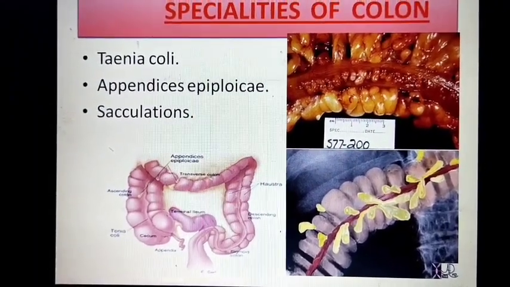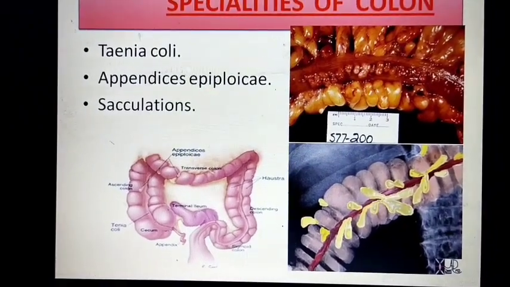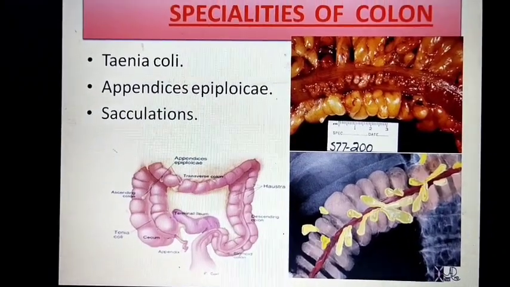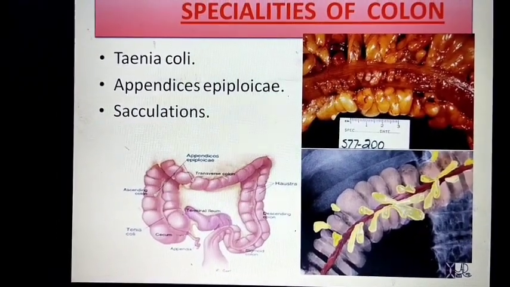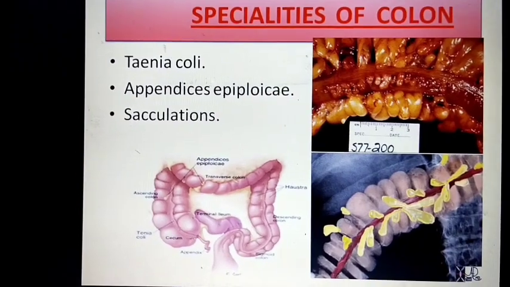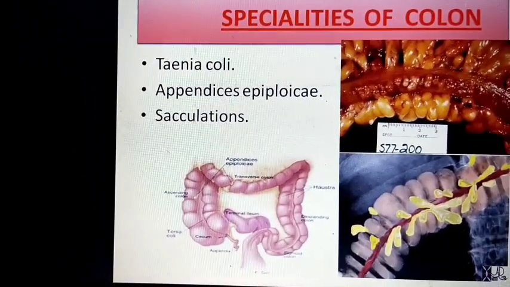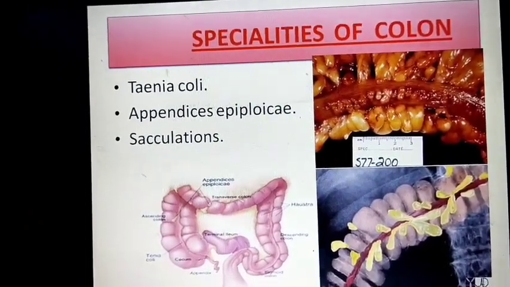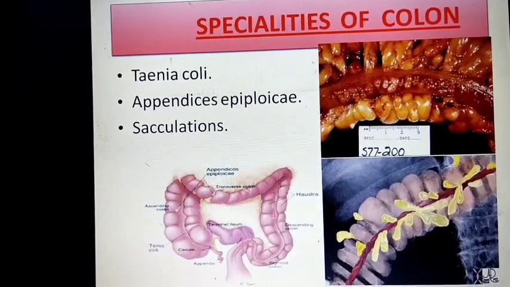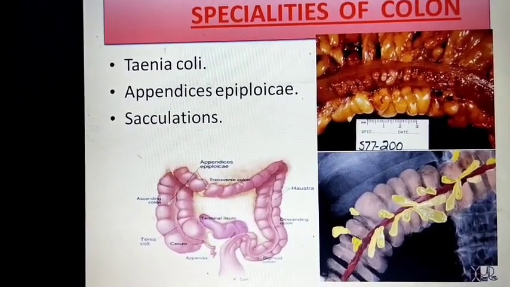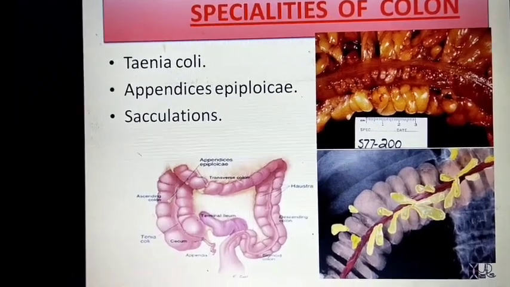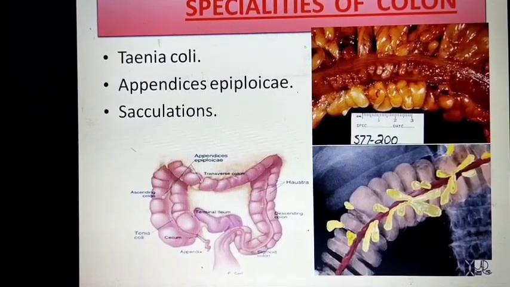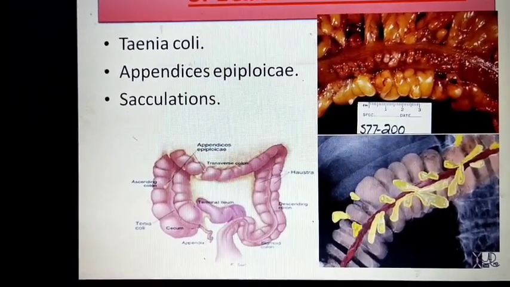Okay, appendices epiploicae, or you can also say epiploic appendages. Epiploic denotes the omentum, and omentum denotes fat. Appendices means pouch-like structures, and these pouches contain fat. They are peritoneal pouches filled with fat. And sacculations are also called haustra or haustrations.